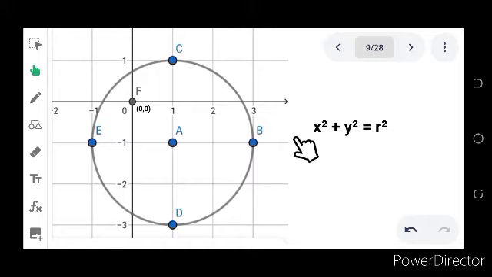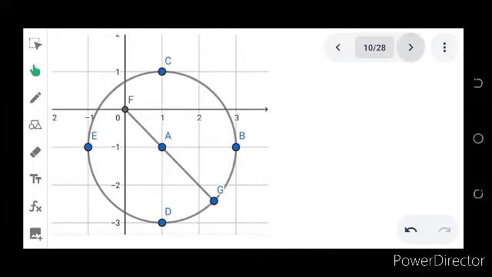So from the center, the endpoint of the radius would always be the longest distance. From the point at the center, let's say (0, 0), the farthest one will be the endpoint of its radius. So if we illustrate it, that will be this one. This is the farthest point, and this is the longest measure.